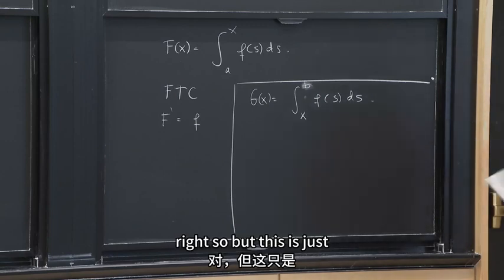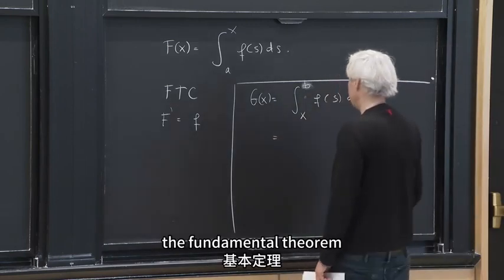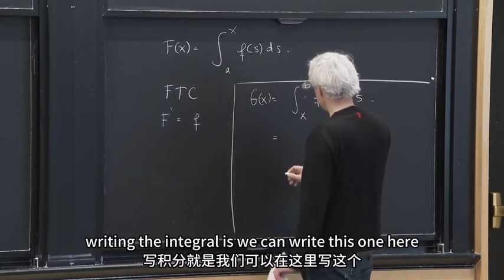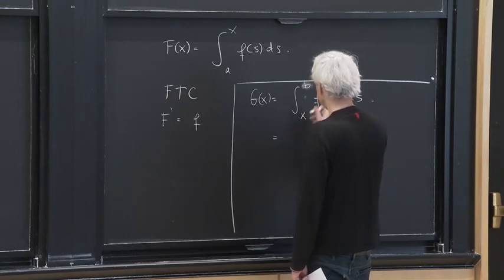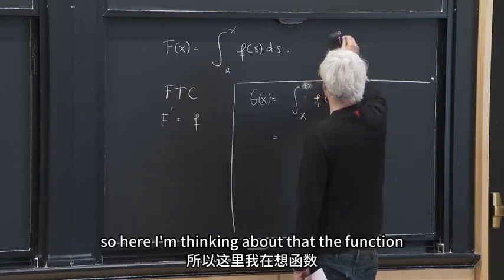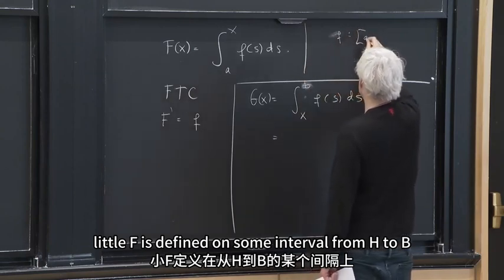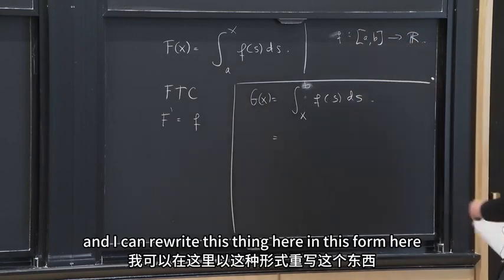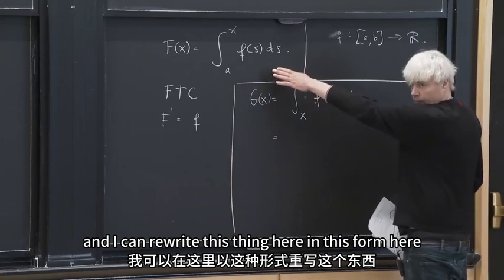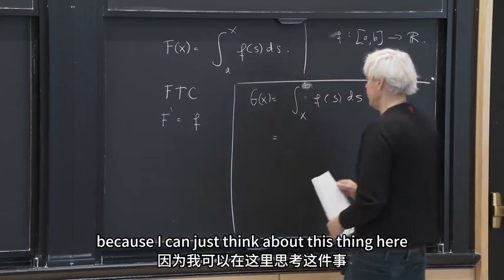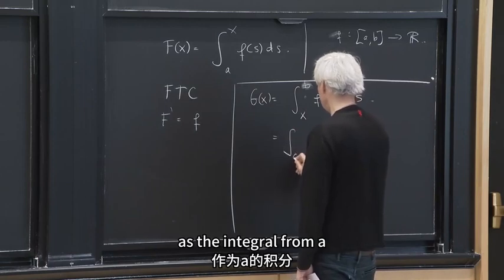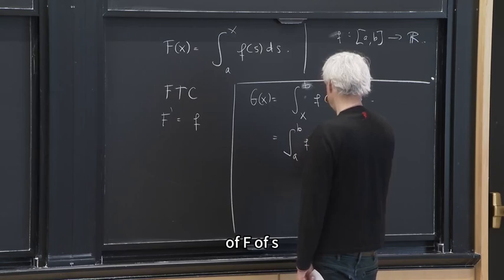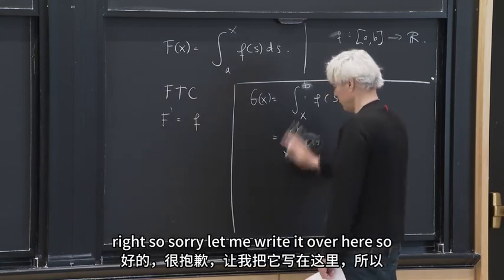But you know that one of the rules we had with writing the integral is that we can write this one here as so. Here I'm thinking about the function little f defined on some interval from a to b. And I can rewrite this thing here, because I can think about it as the integral from a to b of f of s. Right, so sorry, let me write it over here.